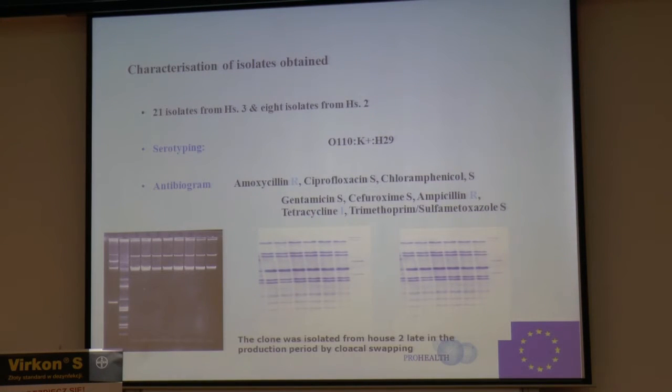In this particular case, we were also characterizing the isolates from the different houses, and what we saw, again, was the same serotype, the same genetic clone, you could say, the same resistances, the same genetic profile, so definitely it was the same subtype of E. coli progressing and being transmitted to another house.